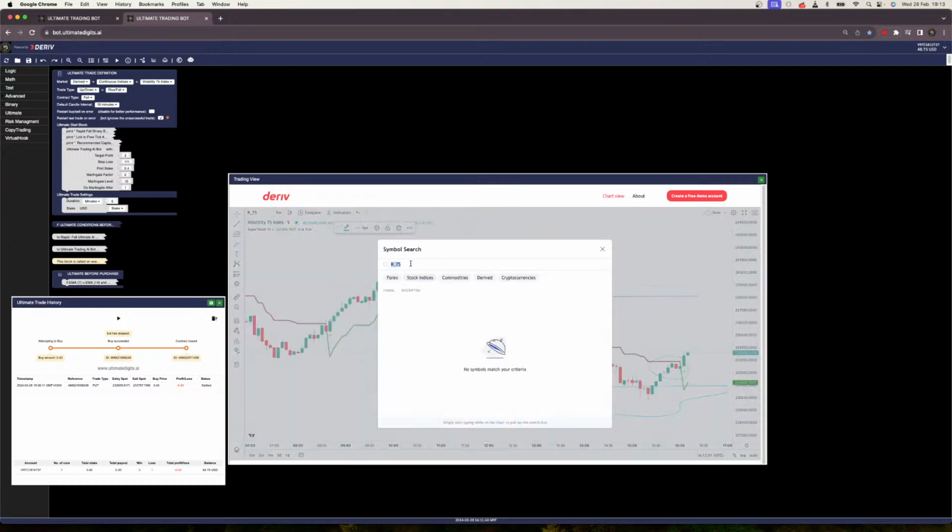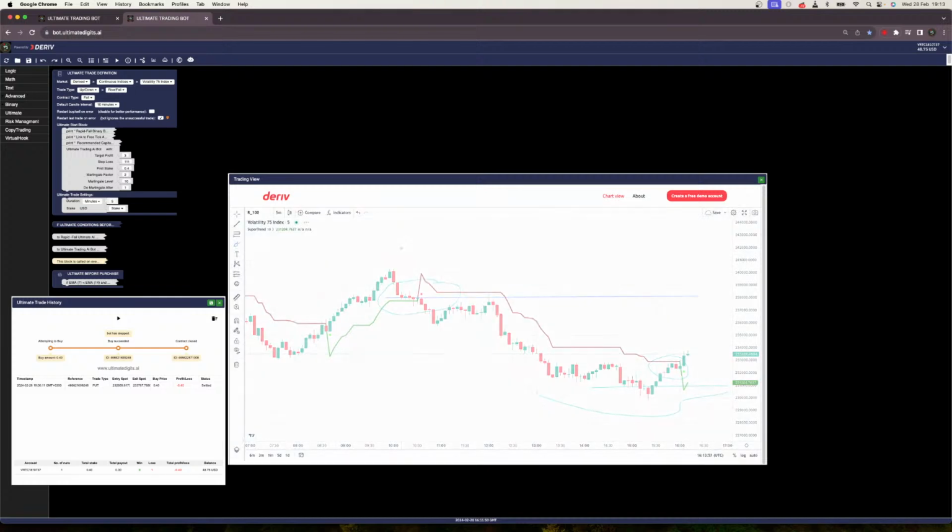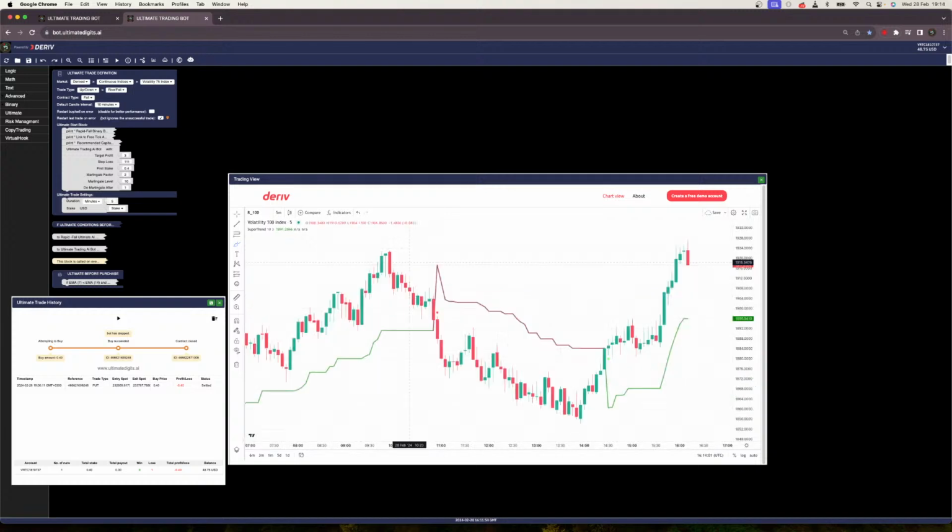So let's look at volatility 100 index, the last market that we have not checked for setup. Let's see if we can find a setup. Right now it's on an uptrend on 1 hour.